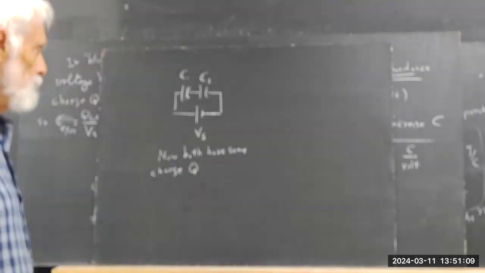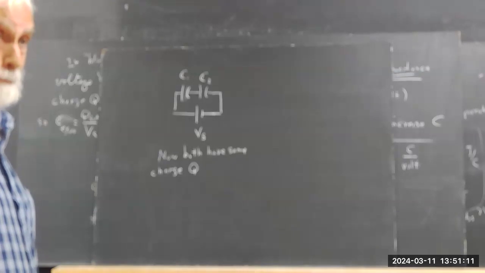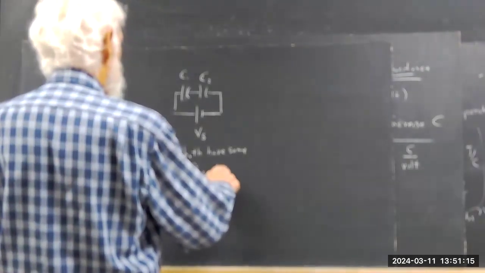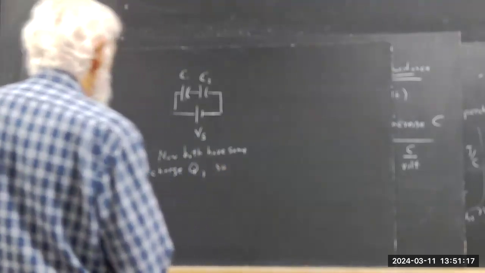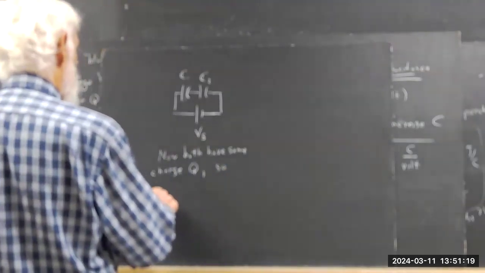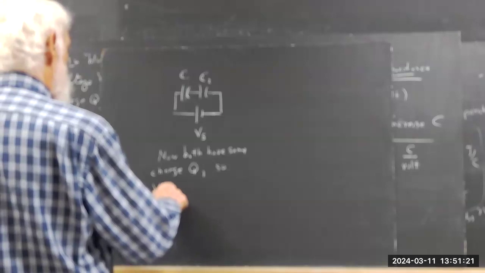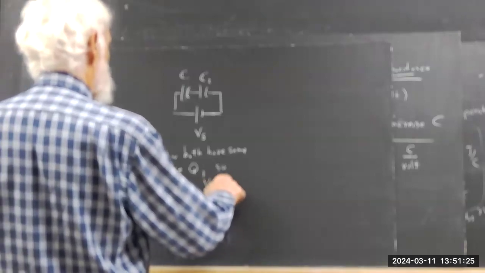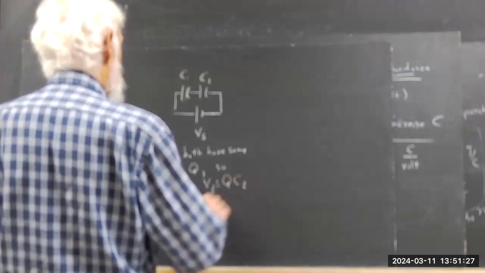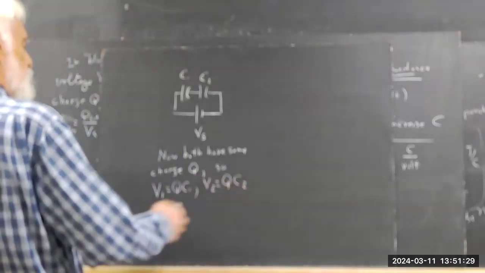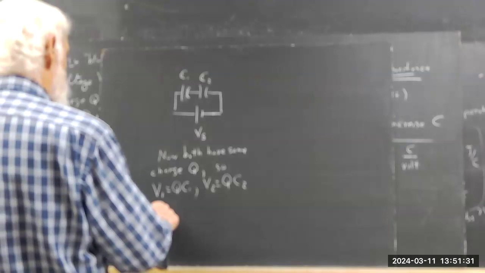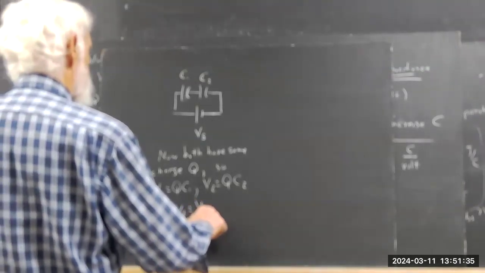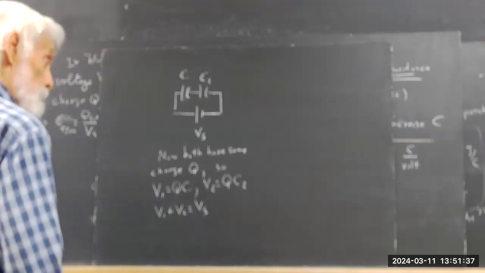Both have the same charge, which we call Q. V1 equals Q over C1, V2 equals Q over C2, and V1 plus V2 equals the voltage of the source.